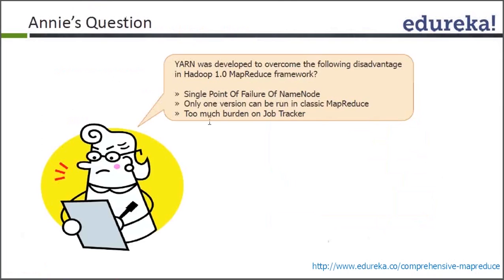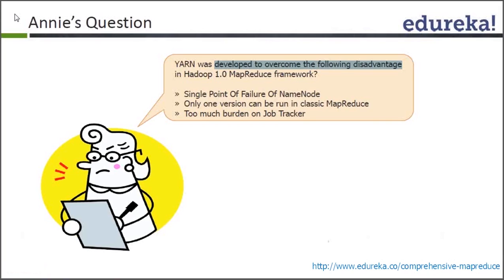Here comes a question. So what's the answer for this, friends? YARN was developed to overcome the following disadvantage of the MapReduce framework. I'm talking about the MapReduce framework, not the HDFS part of it. So single point of failure of the name node, that is the HDFS part of it. Only one version can be run in classic MapReduce.